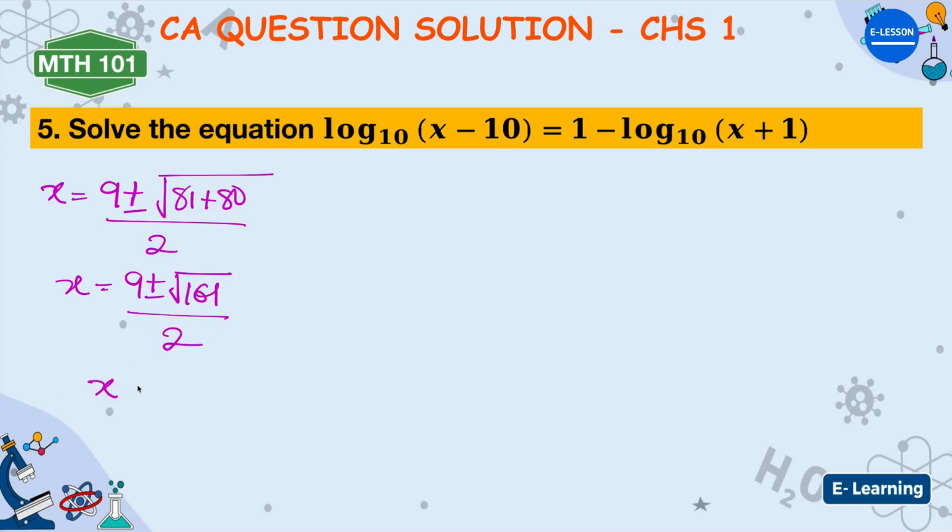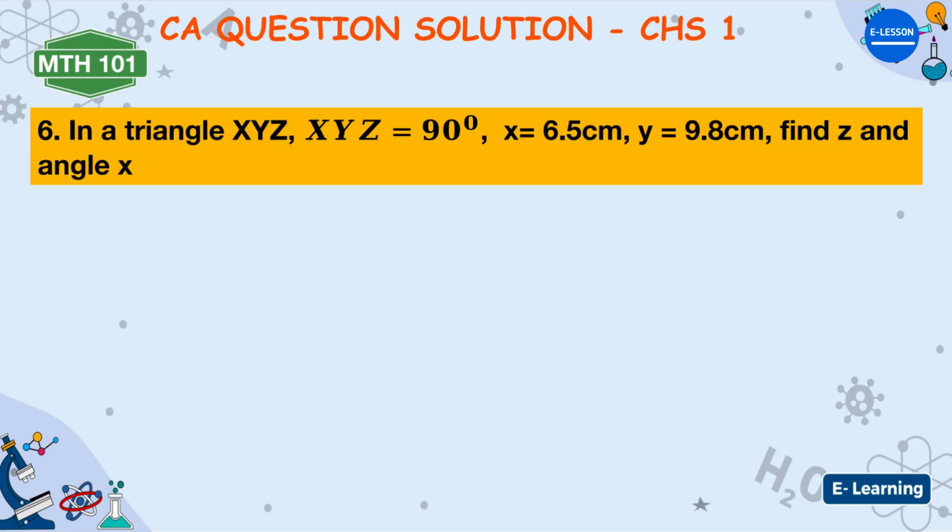So the correct answer is x is equal to 9 plus root 161 divided by 2, or 9 minus root 161 divided by 2. You can decide to simplify further, but for me, I decided to end it here.